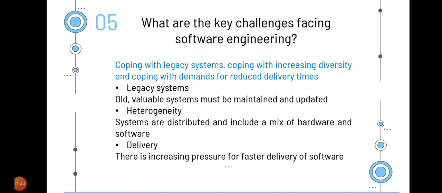The third important and one of the most difficult challenges is delivery, which is increasing pressure for faster delivery of the software. Generally, whenever the clients give a contract to the team of developers to develop a software, they fix a deadline for submission of that software.